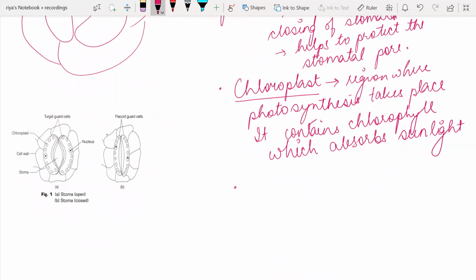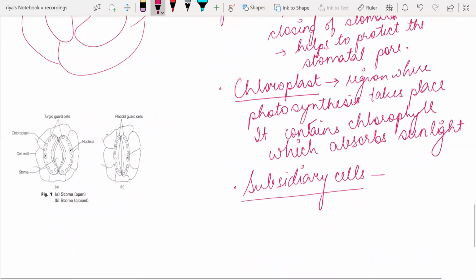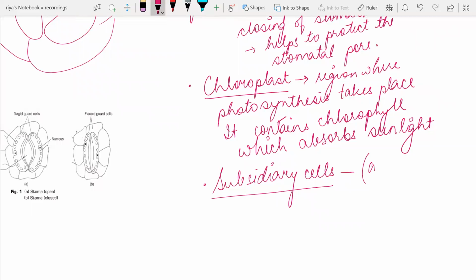So let's write the function of subsidiary cells. Subsidiary cells are also known as accessory cells. These surround and support the guard cell.